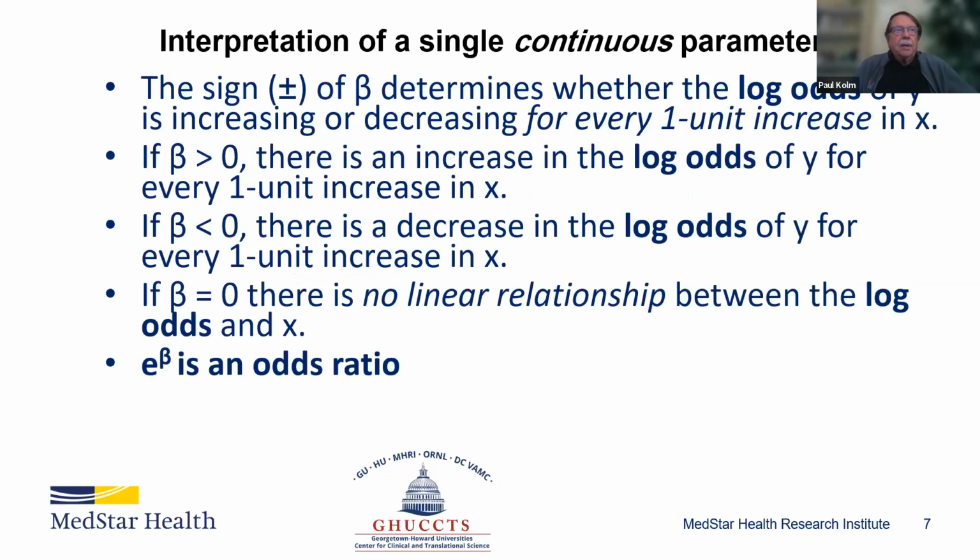And if the coefficient is statistically 0, then we don't have any relationship between the log odds and the independent variables. And in logistic regression, if you exponentiate the regression coefficients, you get the familiar odds ratio.